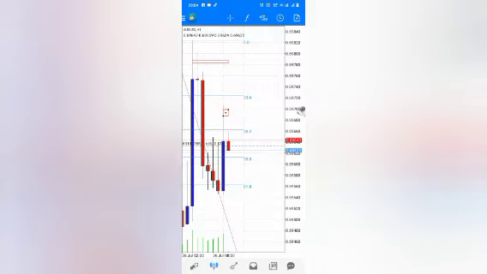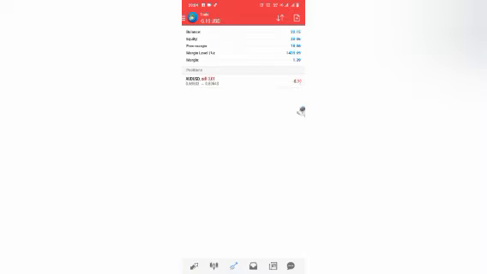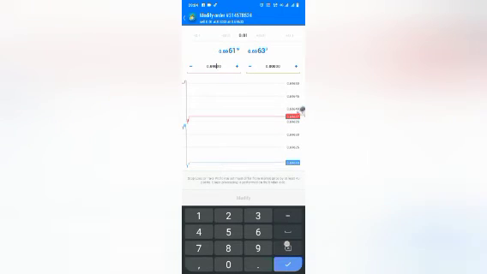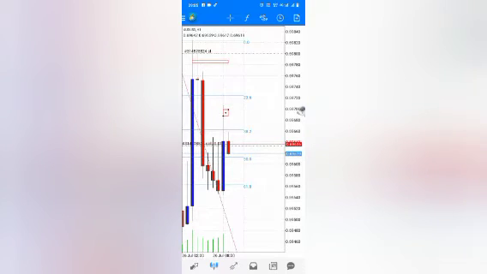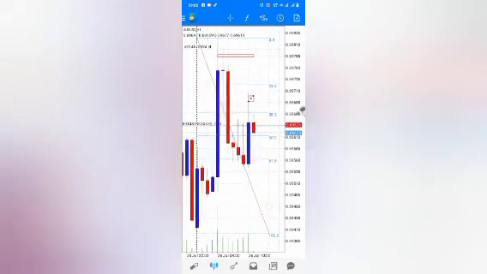I put the stop loss at 69,739 and my TP at 6,900. Modify. That is how you set your Fibonacci retracement as well as your target.